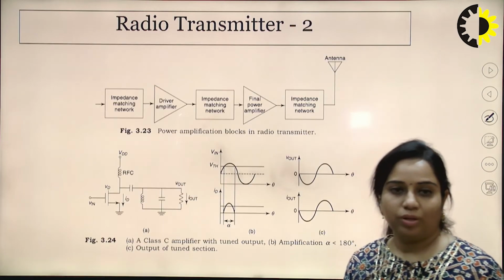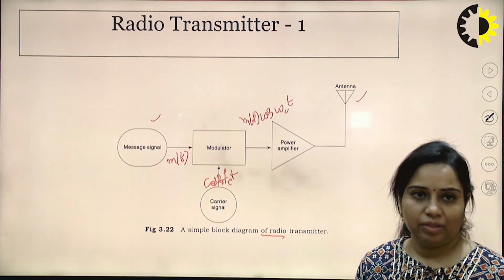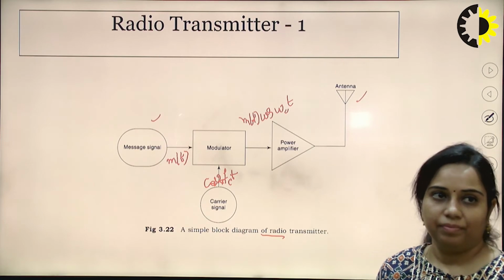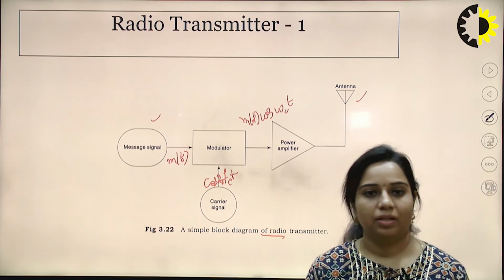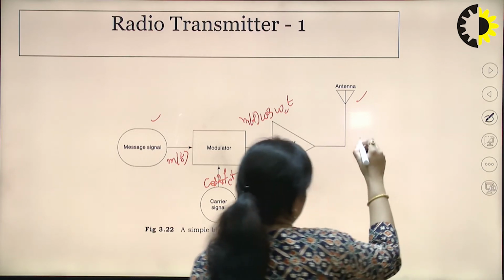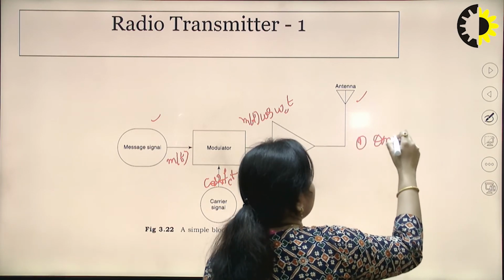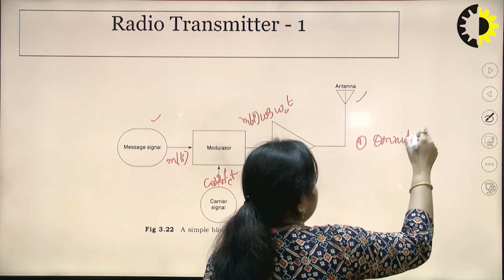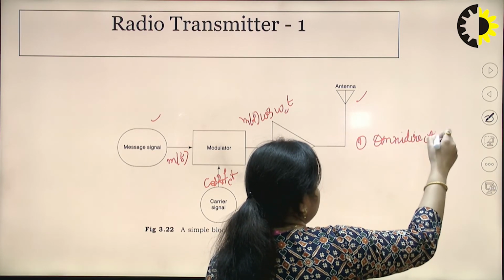So there are two different types of antennas that we can see. First type of antenna is the omnidirectional antenna.